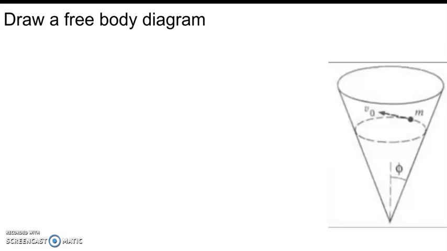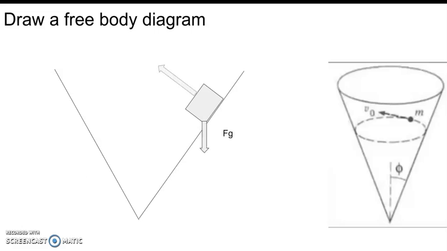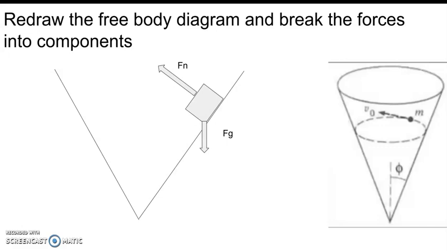The first thing we should do is draw a free body diagram. So here's the cone, here's the car going in a circle around the cone. We've got the force of gravity downward, and we have the force normal perpendicular to the surface of the cone. Now let's redraw the free body diagram and break the forces into its components. Force of gravity is good, it's in the y-axis.